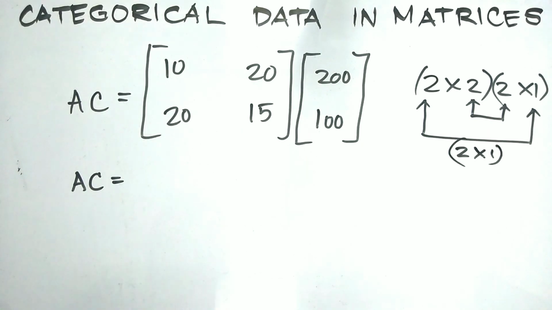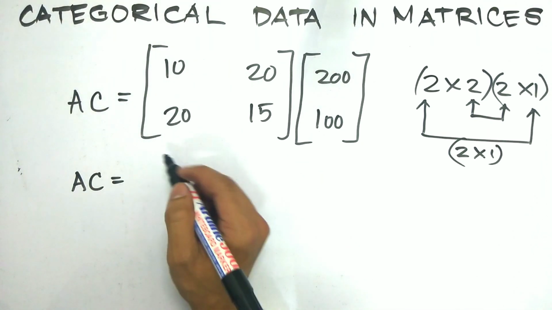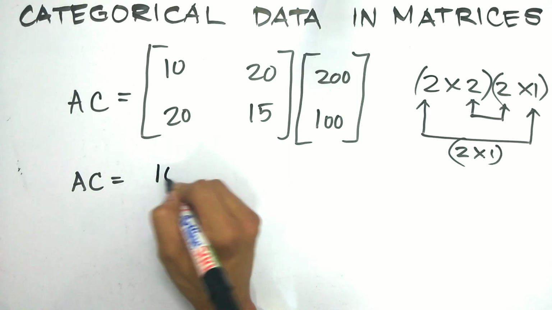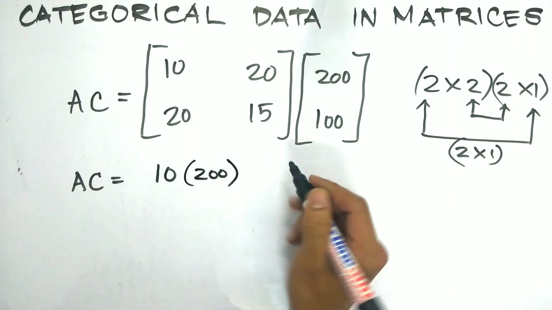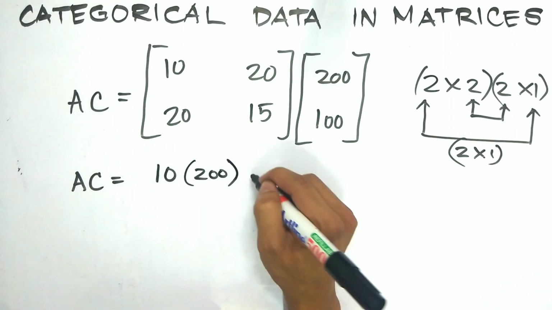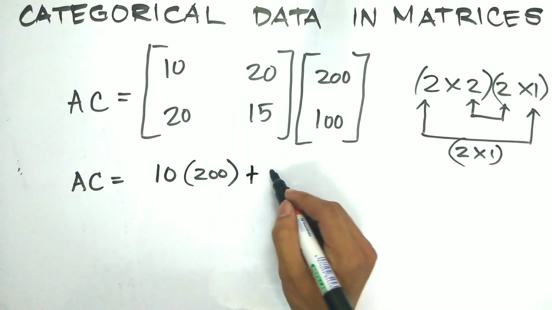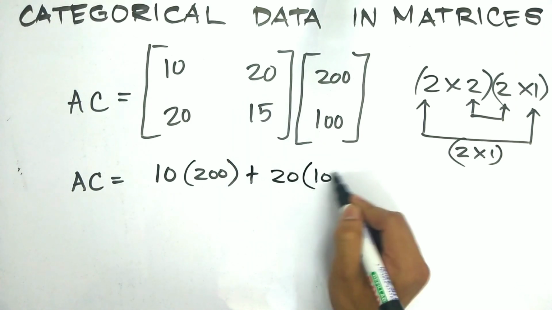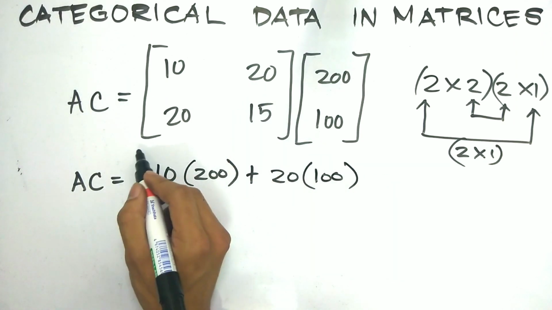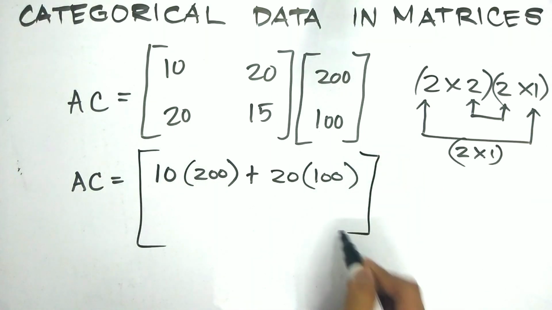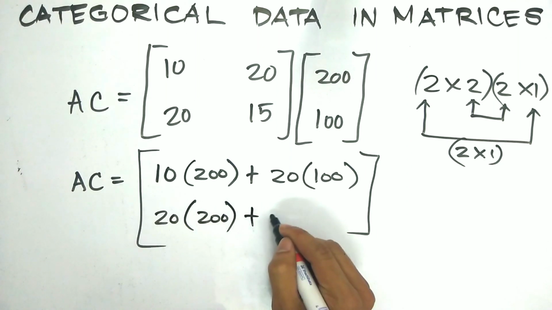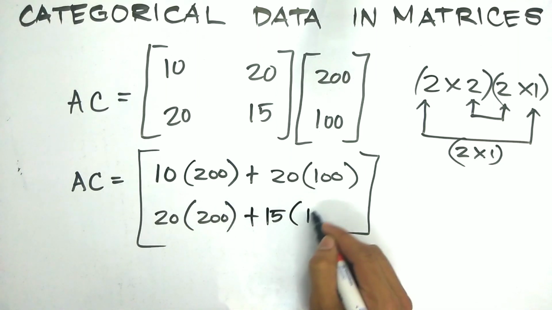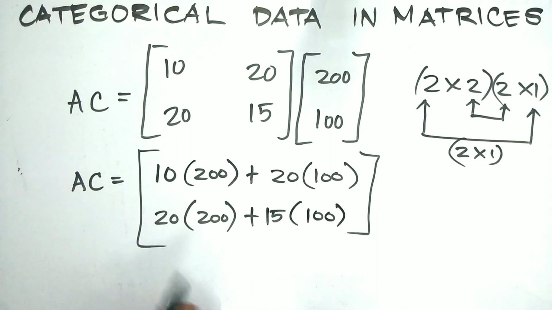So let's do matrix multiplication for this. This would be 10 times 200 plus 20 times 100, and 20 times 200 plus 15 times 100.